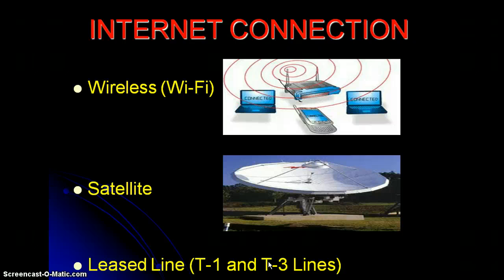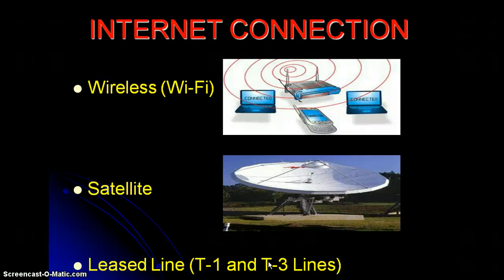A T1 line actually consists of 24 individual channels, each of which supports 64 kilobits per second. Each 64 kilobits per second channel can be configured to carry voice or data traffic. Most telephone companies allow us to buy just one or some of these individual channels. T1 line supports speeds of 1.544 Mbps.